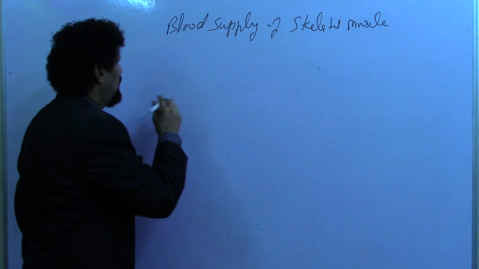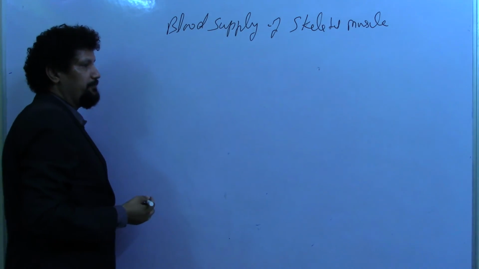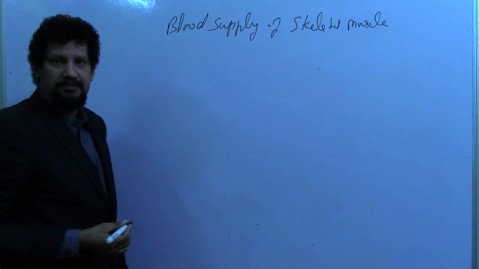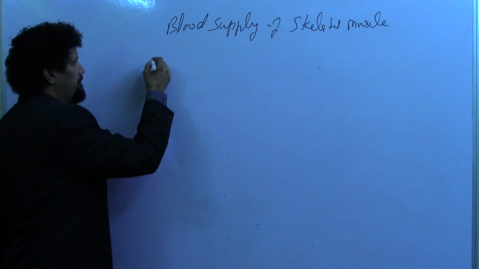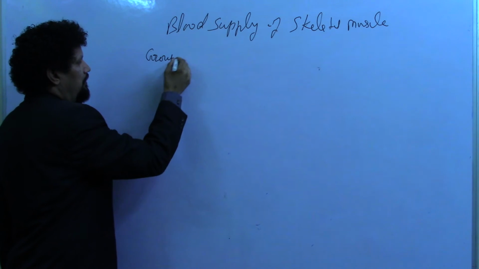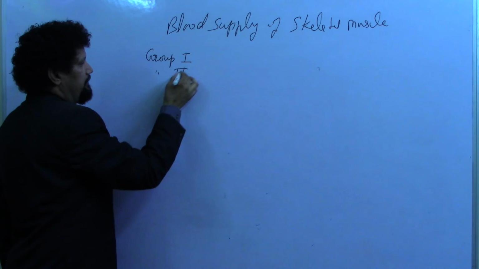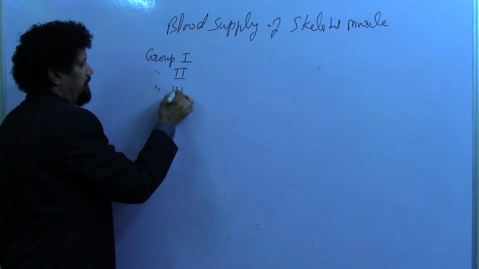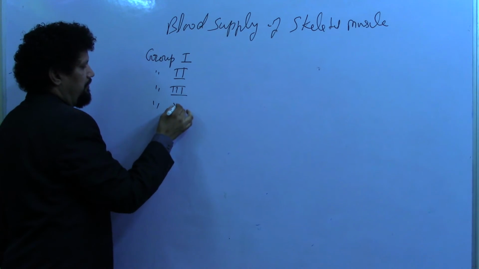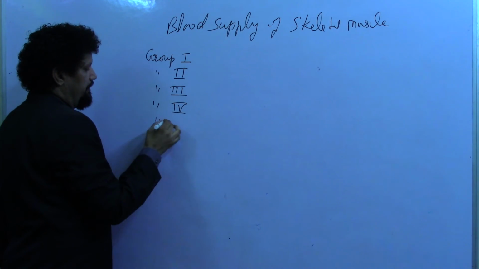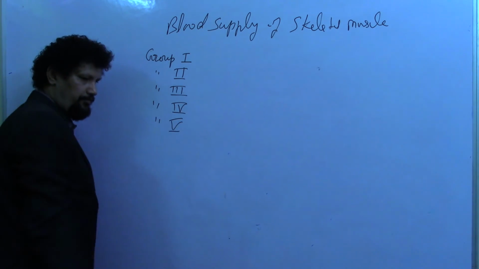So, according to their blood supply, the skeletal muscles are grouped in 5 groups: group first, second, third, fourth, and the group fifth.